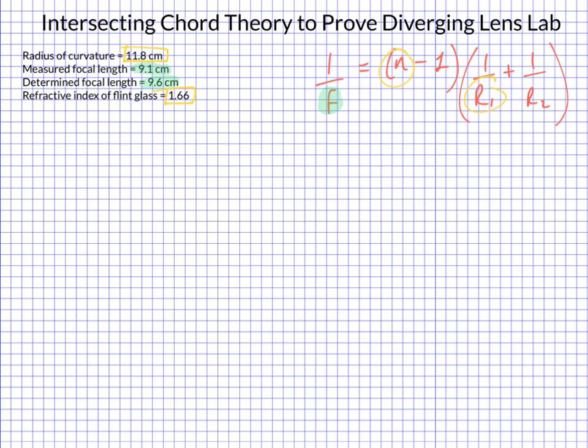All right, so I'm just going to put some numbers in. So 1 over f, obviously we're going to solve for f. N is going to be my refractive index of flint glass, minus 1. And then I'm going to put in my R1, which is 11.8, and my other R, which is the same. I'm assuming it's the same on both sides.